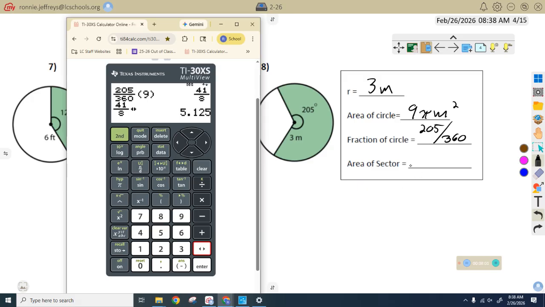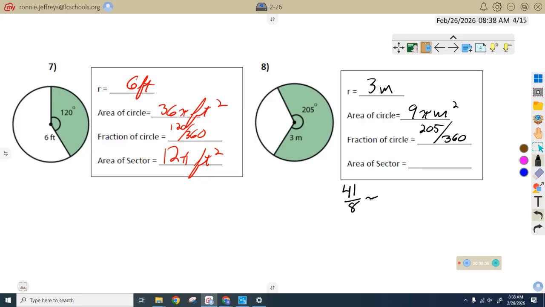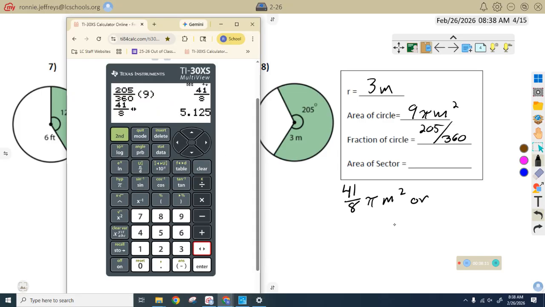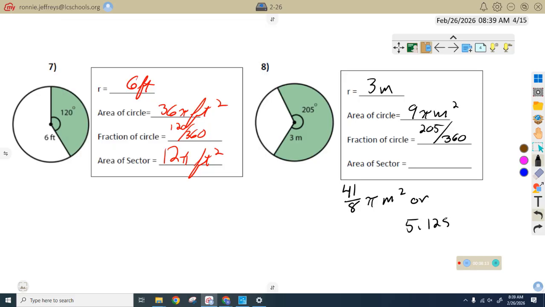So, now, if you left it as a fraction, if you wanted to, this is 5.125, so this would be 5.13 pi meters squared. Okay, if you wanted to leave it as that fraction, if you have a calculator that will give that to you first thing, I would just leave it as the fraction. Especially because some of y'all are not very good at rounding for some odd reason.